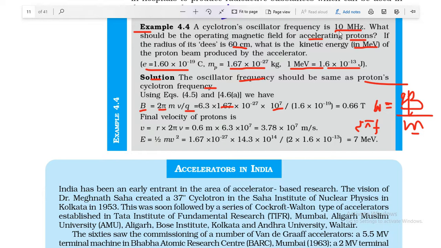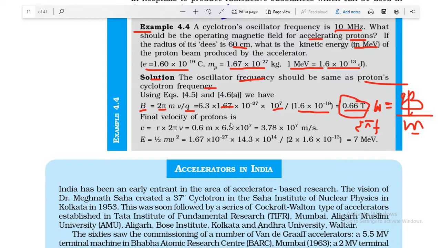It is divided by the charge, 1.6 into 10 to the power minus 19 coulomb. After calculation, you will get the magnetic field, that is 0.66 Tesla. This is the value of the applied magnetic field.